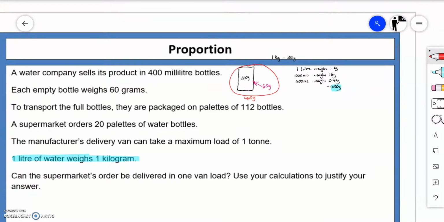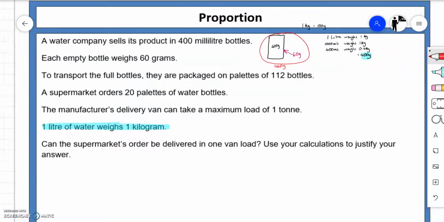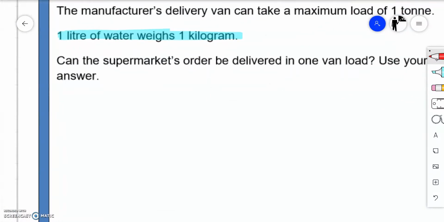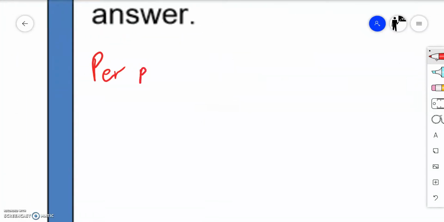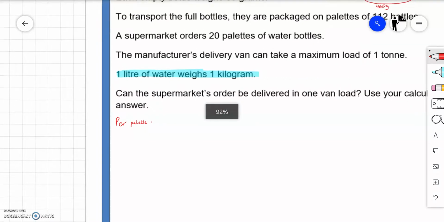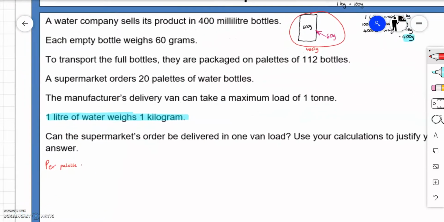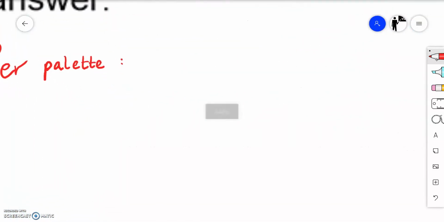To transport the full bottles, they are packaged on pallets of 112. So we have 1 bottle weighing 460 grams, but the pallet can hold 112 bottles.